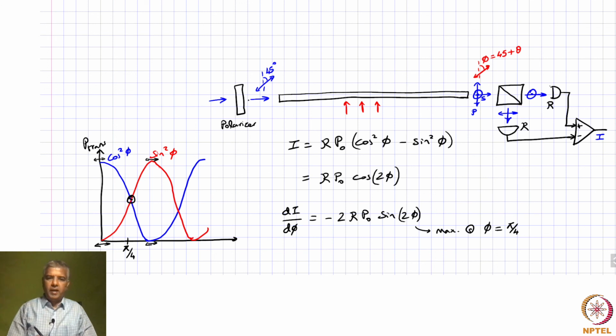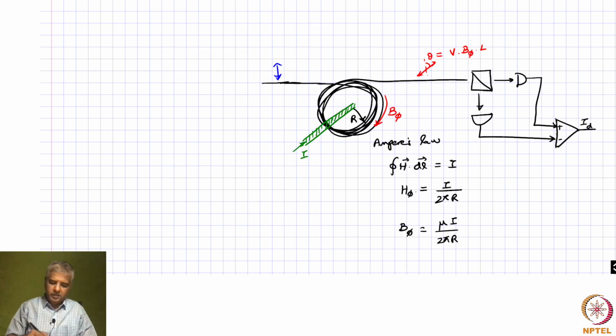So instead of having a polarizer giving you vertical polarization, you can send in 45-degree polarization and look for changes in theta with respect to that, to get the best sensitivity. That is all you can do to improve the detection, but the basic scheme is based on this Faraday effect.